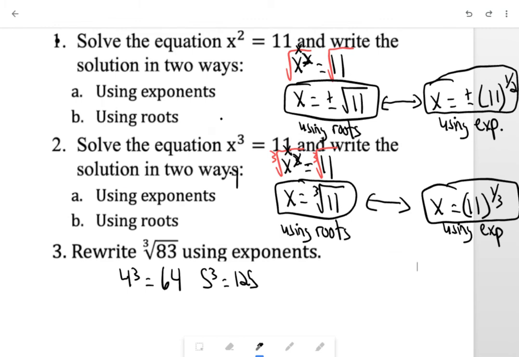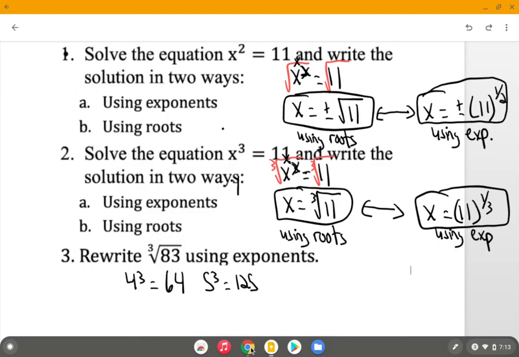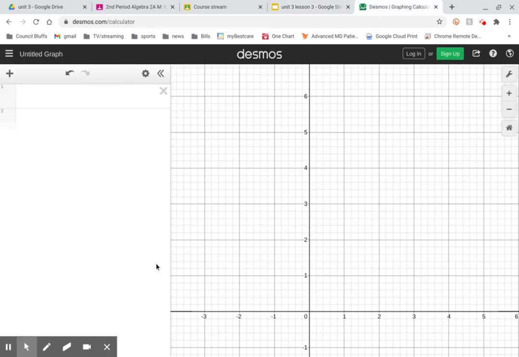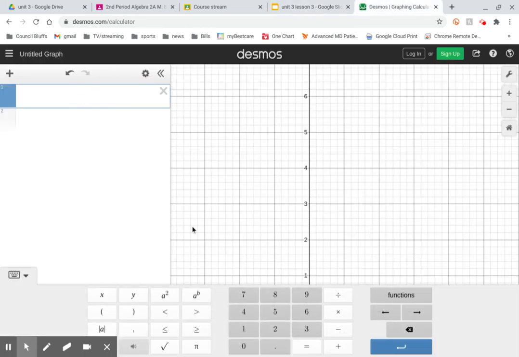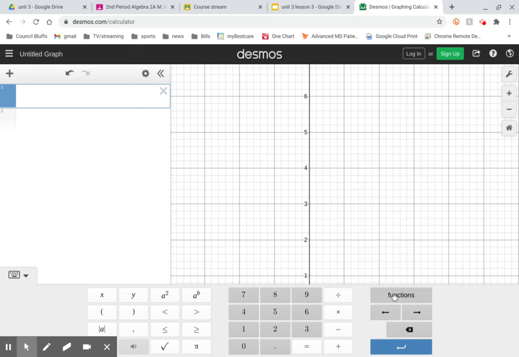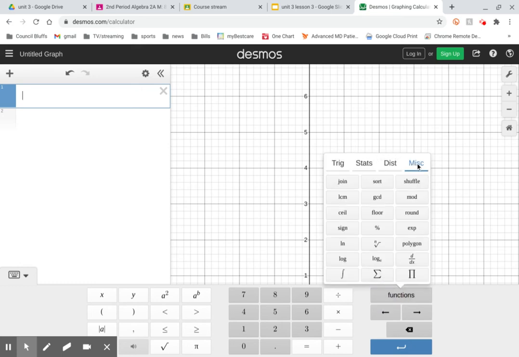And it turns out on Desmos, and I did not talk about this yesterday, if you wanted to actually find the exact value of the cube root of 83, if you're on Desmos, right down here is the square root button, but if you go to functions and then click on miscellaneous, notice over here, it looks like a square root with an n over it.